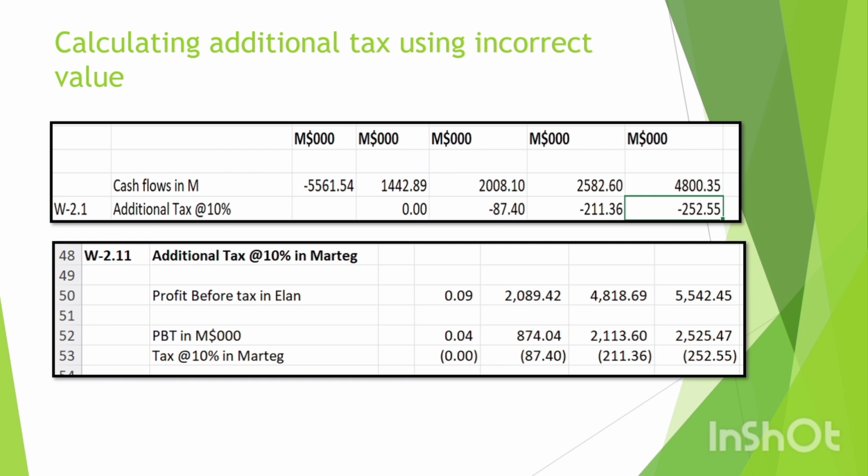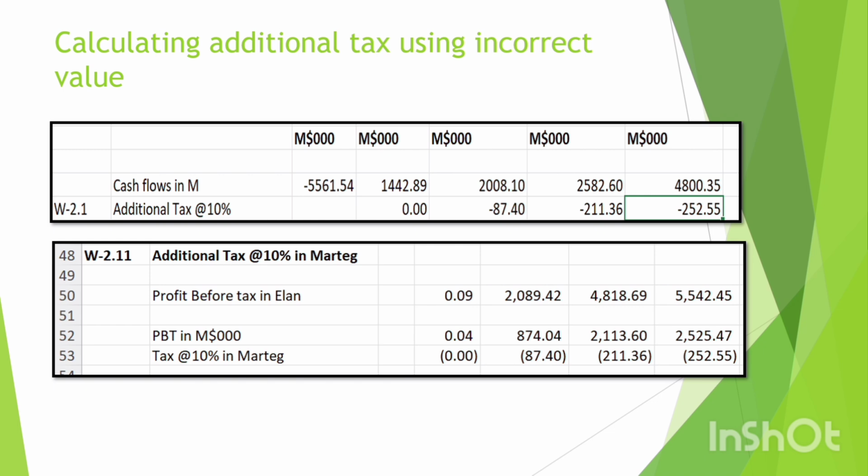For example, what is actually a double taxation treaty? If you are in country A and you are investing in country B, country A's taxation is 30% and country B's tax is 20%. The government allows you to invest in country B and pay taxes on your profit in country B at 20%, and when you return your profit to country A, you do not need to pay 30% again.